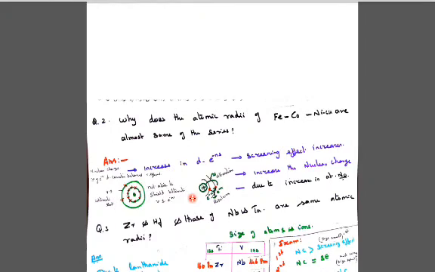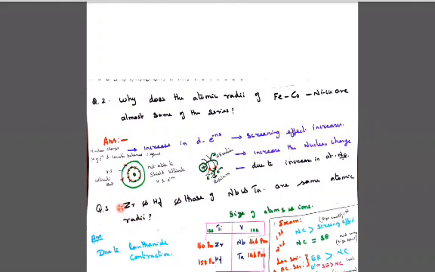This is called electron repulsion, between the d electrons and the ns electrons. It does not allow the ns electron to be attracted by the nucleus. So no attraction, no shrinkage, and the atomic radius is nearly equal for iron, cobalt, nickel.